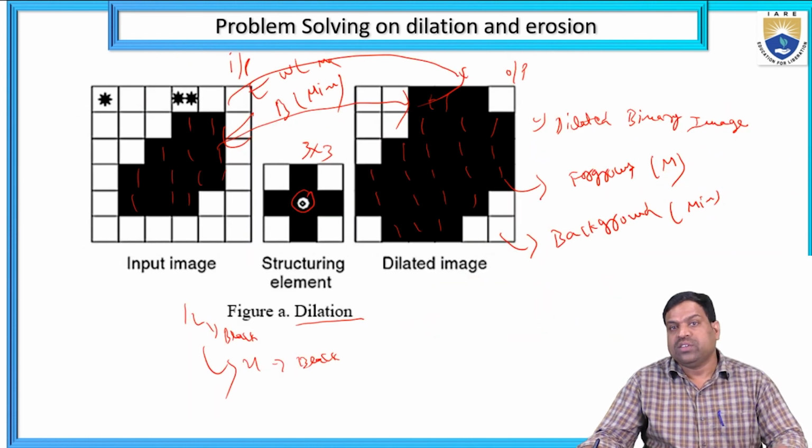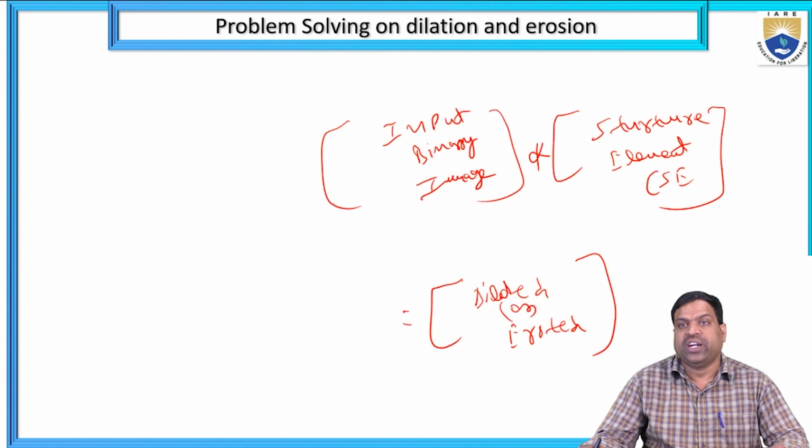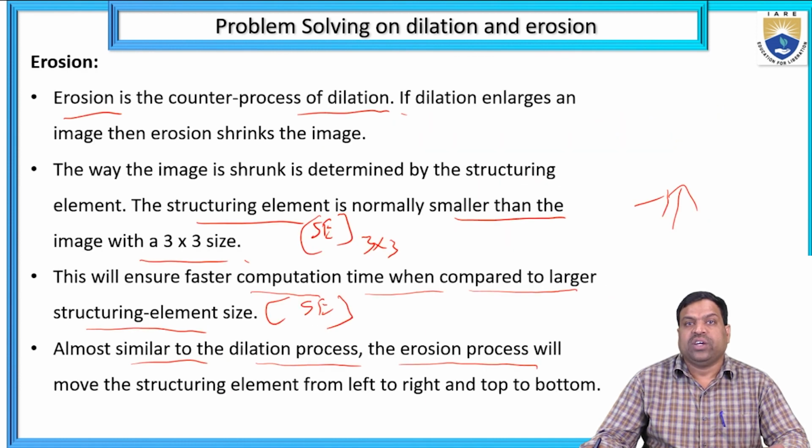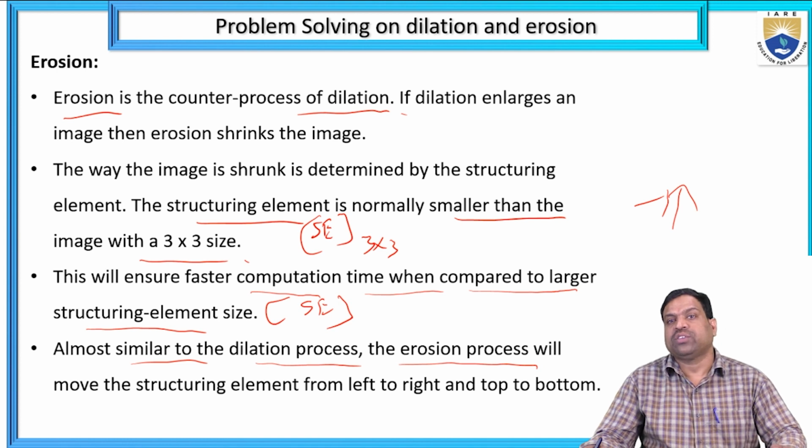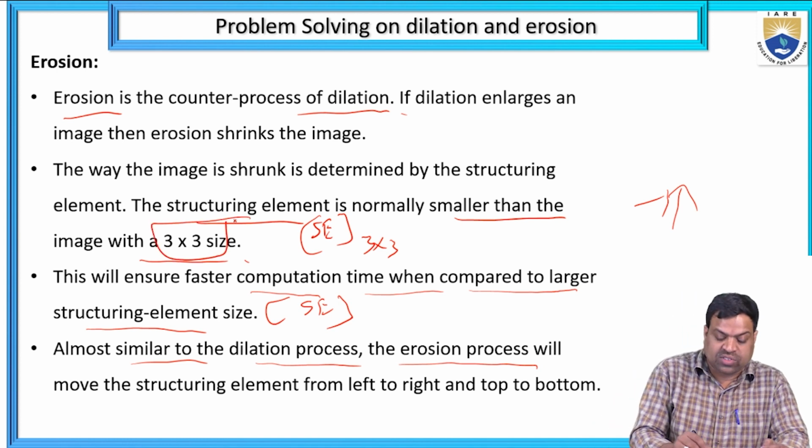So it is an input image and a structuring element and a dilated image, and erosion is the counter process of dilation. Dilation enlarges the image, while erosion shrinks the image. The way the image is shrunk is determined by the structuring element, which is normally small, about 3 by 3 in size.